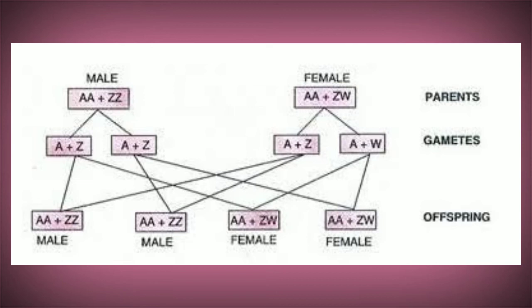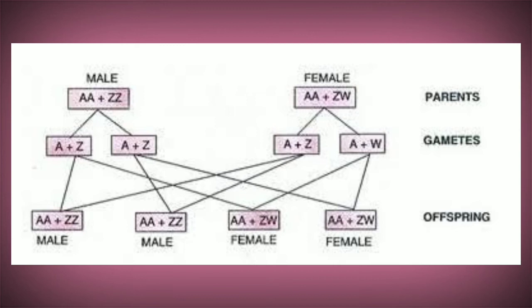And when the female gamete having W as the sex chromosome fuses with the male gamete bearing Z as the sex chromosome, as we know here that the males are homogametic. That means all the male gametes will be the same in nature.